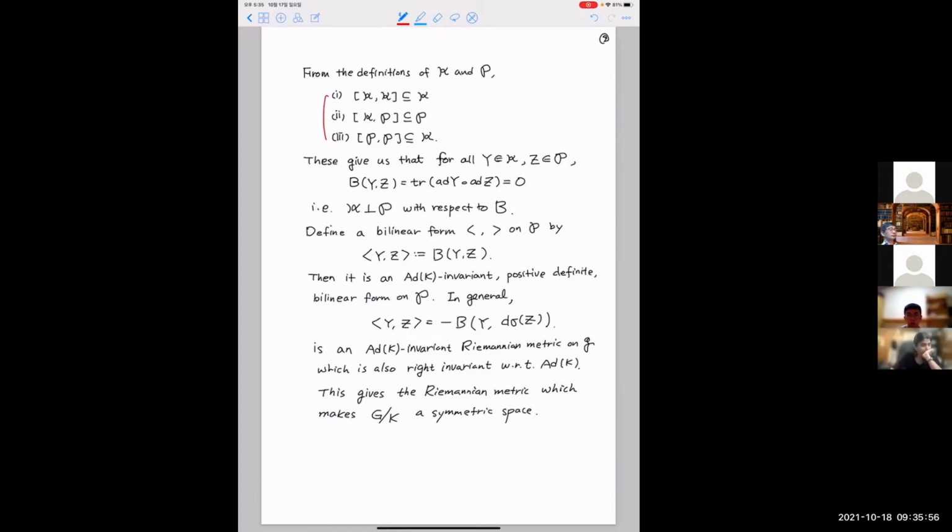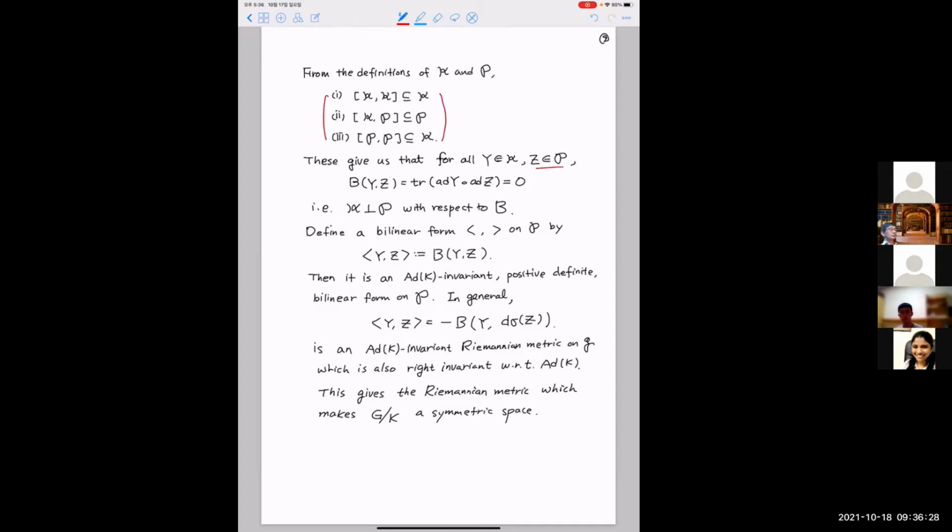First, from these three properties, you can prove that for any Y in 𝔨 and Z in 𝔭, the Killing form B(Y, Z) is 0.